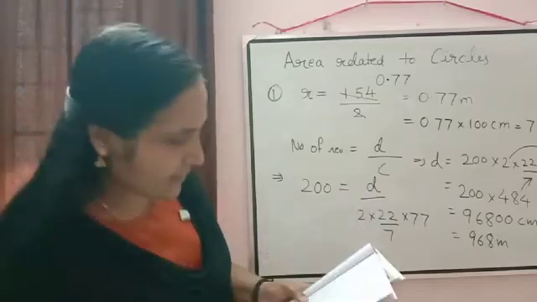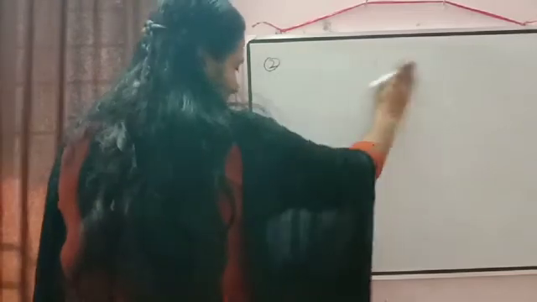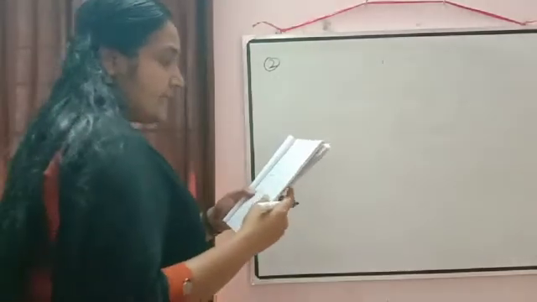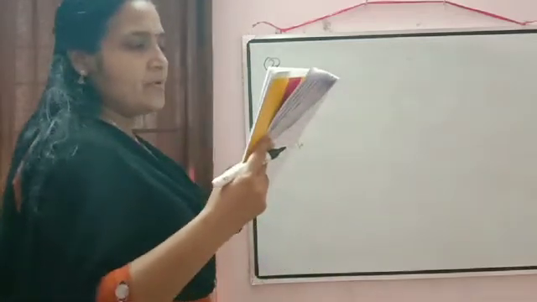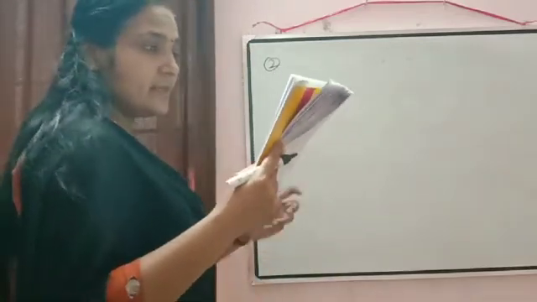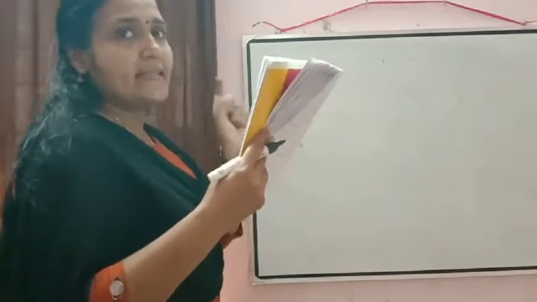Okay. Then next question. In the next question it is written, the circumference of a circle exceeds its diameter by 17.12 centimeter. What is the meaning? The circumference exceeds means greater than.